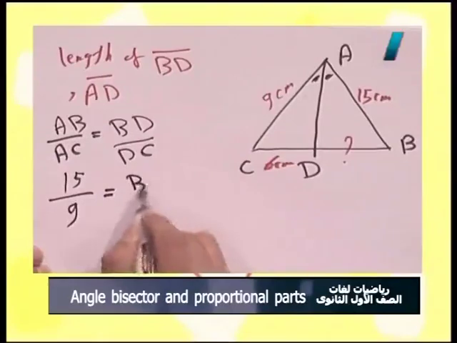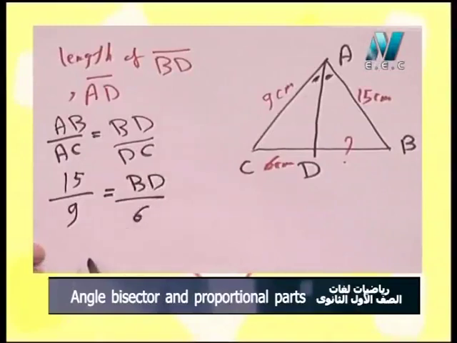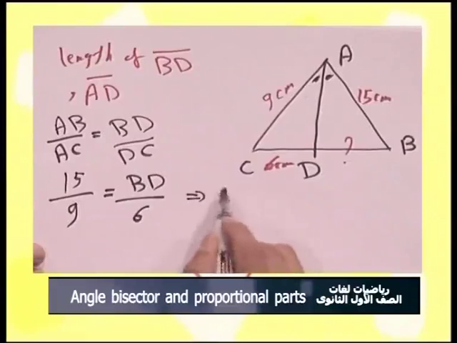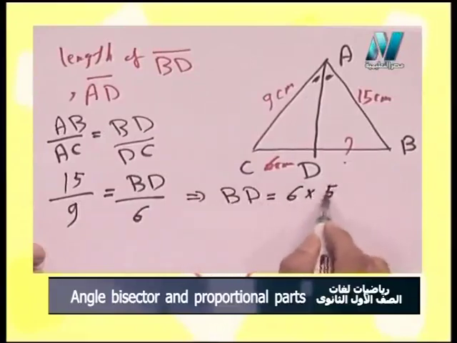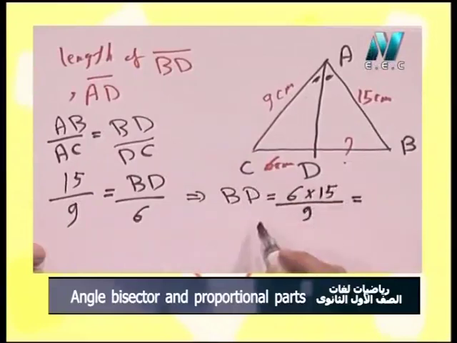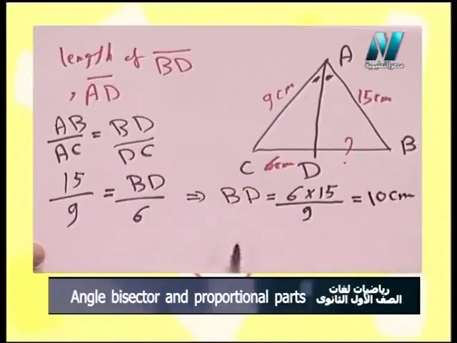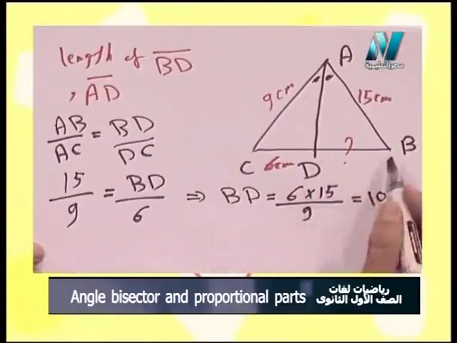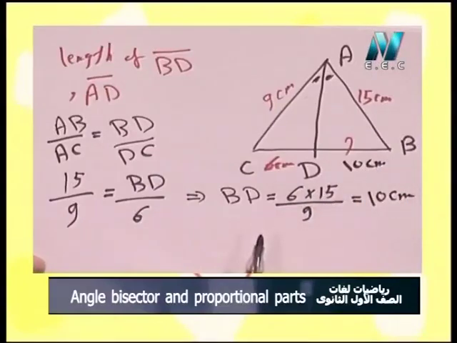BD, we don't know it up till now. CD equals 6 centimeters. By using cross multiplication here, we will find that BD equals 6 multiplied by 15 over 9. And the answer will be 10 centimeters. So we have BD now equals 10 centimeters. It's very easy for you.